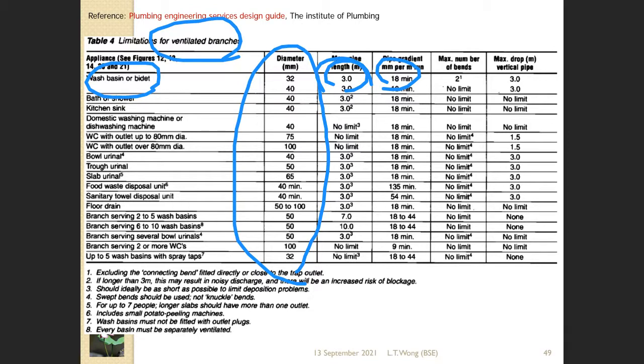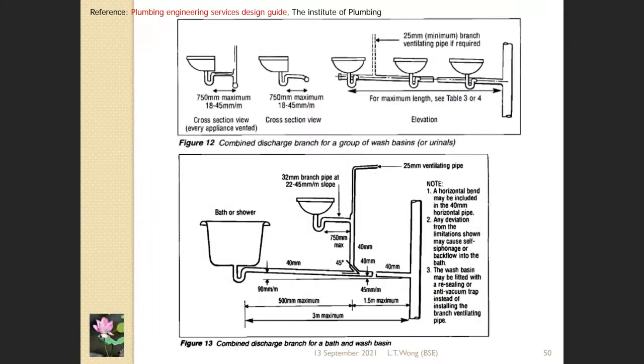Therefore, the simultaneous discharge calculation applies, in this residential case, at the stack only, and all the branch pipe sizes are fixed, good for the maximum flow rate of a single appliance.